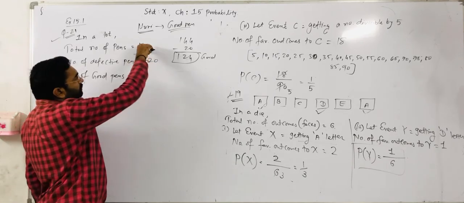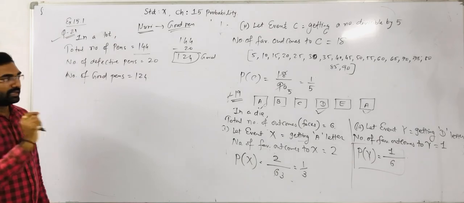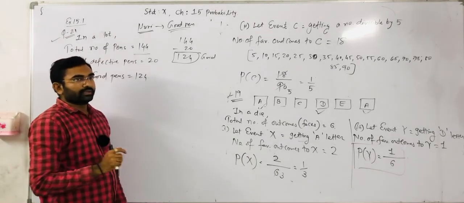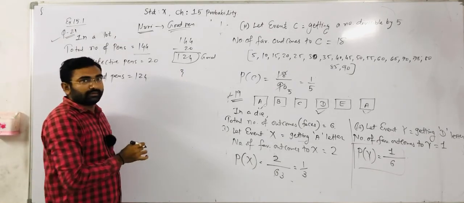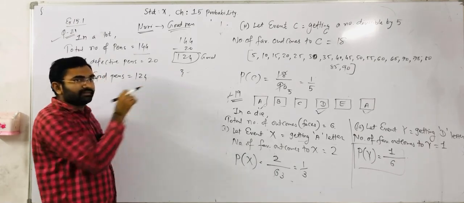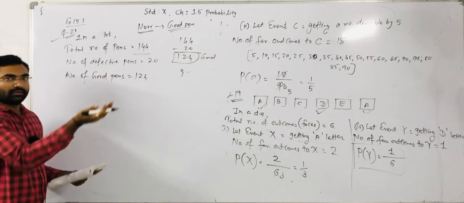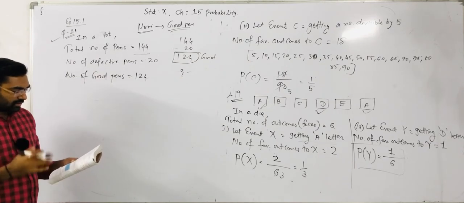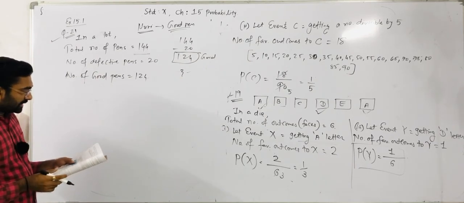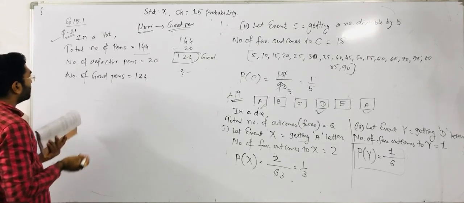From 144 pens, one pen is taken out and he gives it to Nuri. If it is a good one, then she will buy. If it is defective, then she will return it. So the question is: what is the probability that she will buy it?